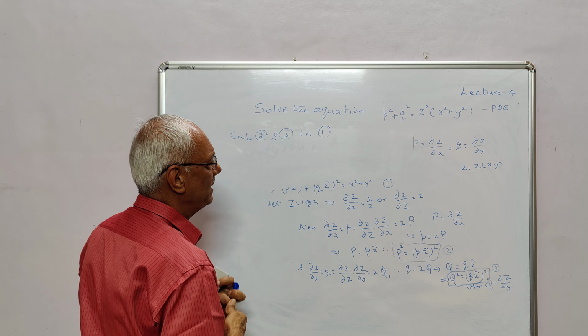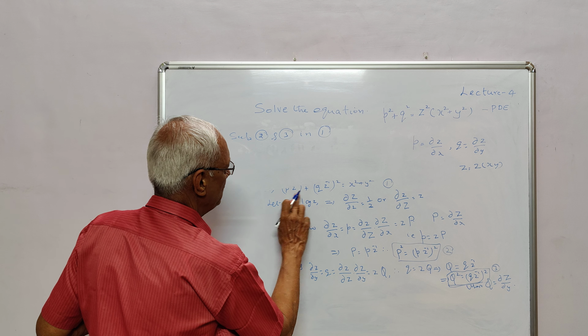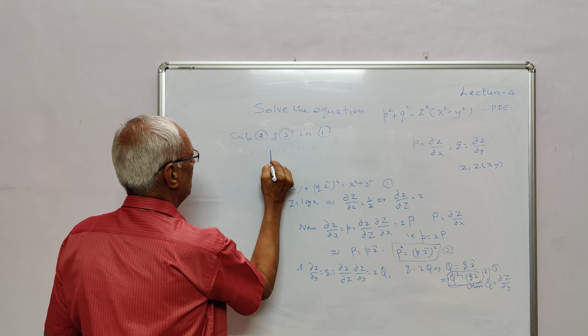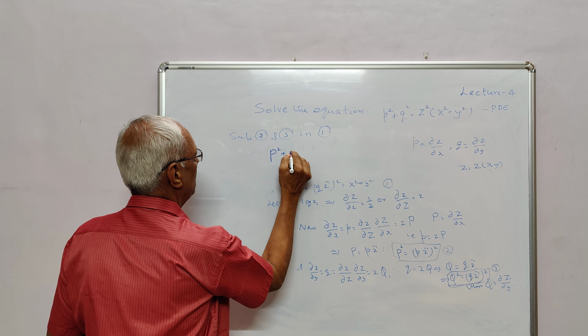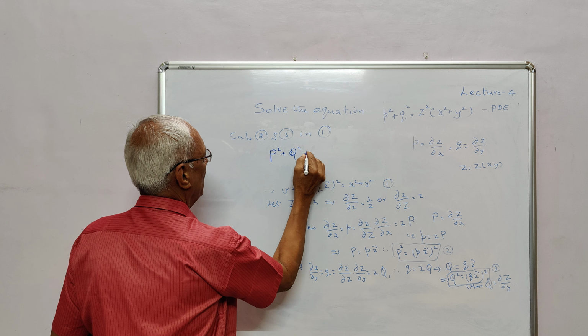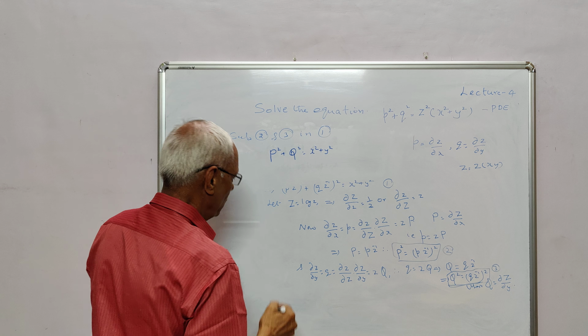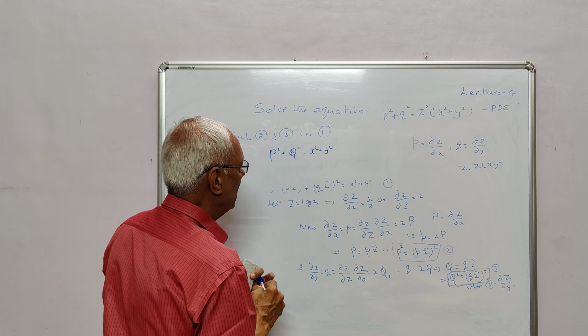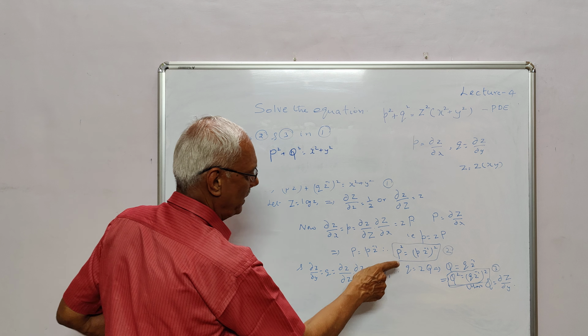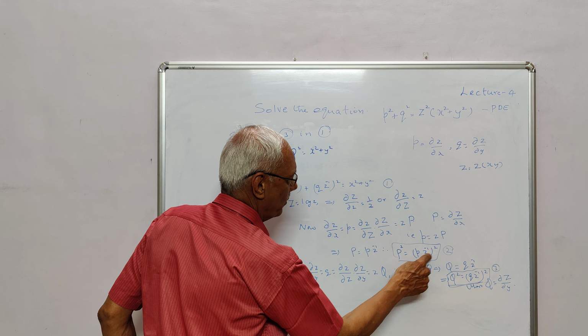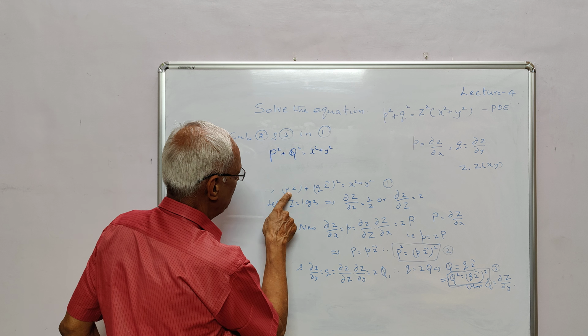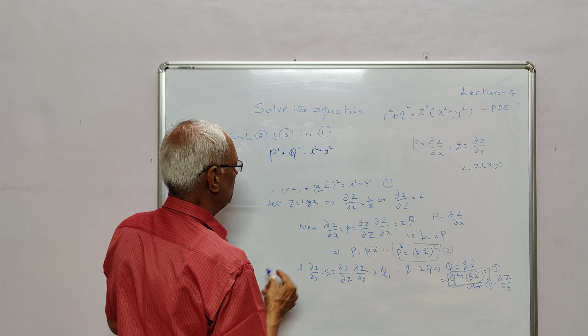So what is it that we will get here if you substitute? This will become P square plus Q square is equal to X square plus Y square. So this is what you will get here.